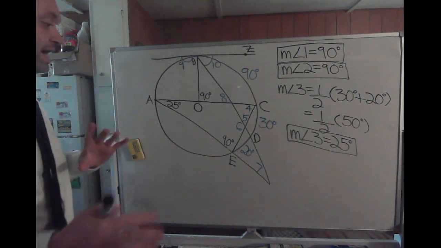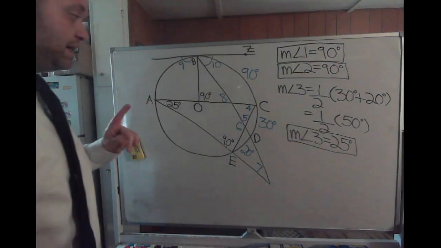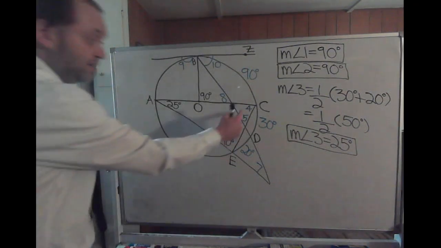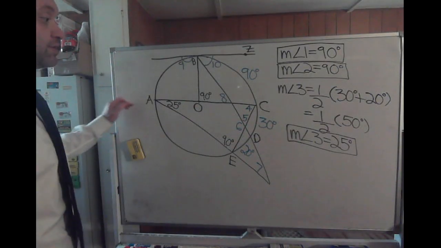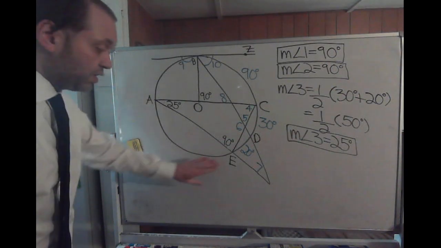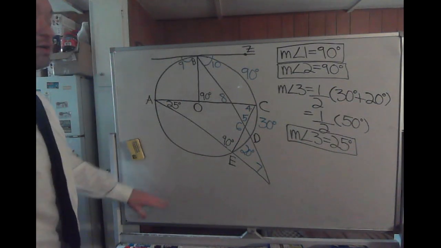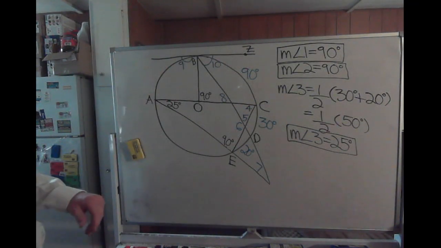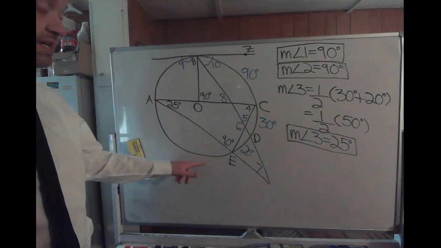Well, okay, now let's go ahead here and look at angle 4. We have yet another inscribed angle. It intercepts arc AE. Well, I think first it would be wise to solve for arc AE. We know it's inside of a semicircle, right?